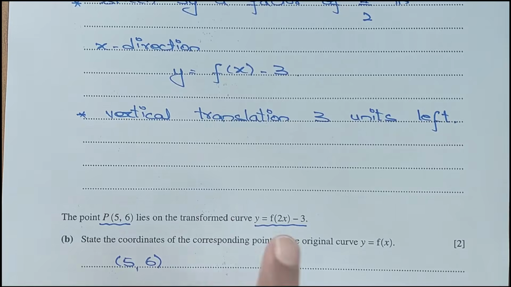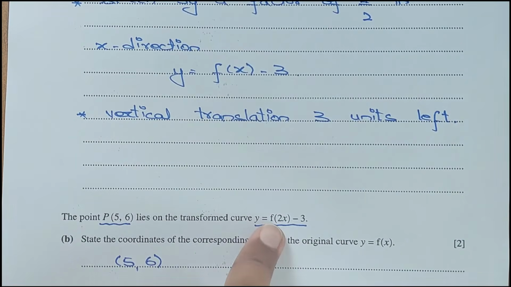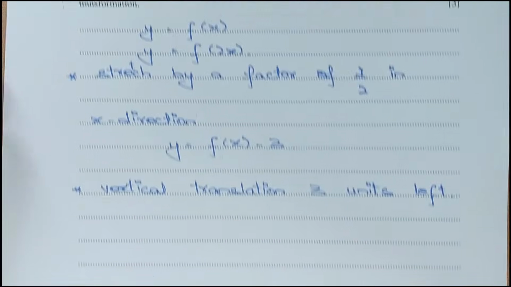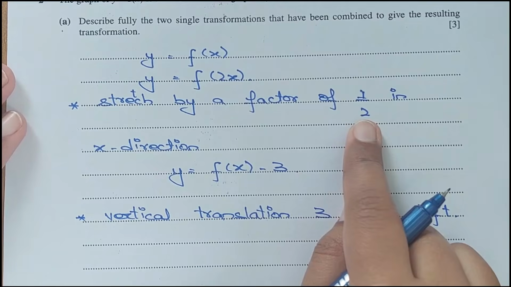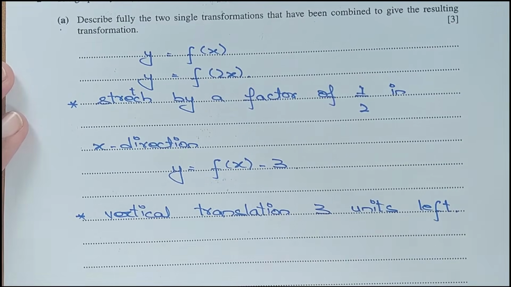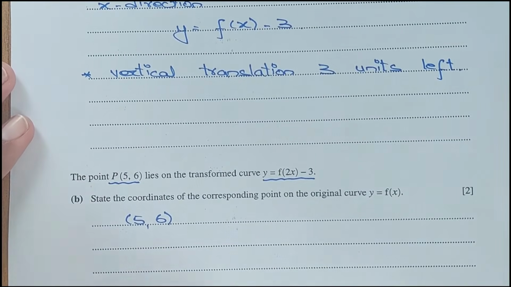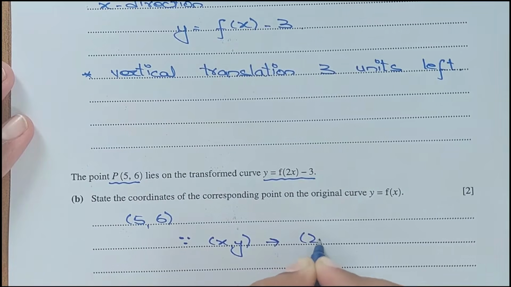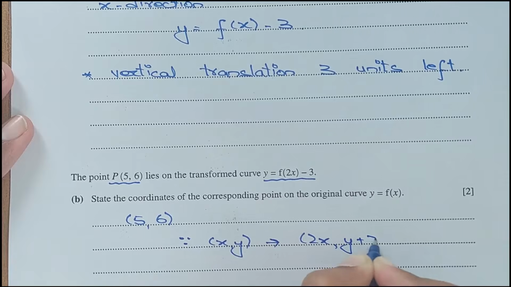We have a stretch in the x direction by a factor of 1 by 2, so we need to multiply the x coordinate by 2. We do the reverse now. In order to undo multiplying by 1 by 2, we multiply by 2, and in order to undo subtracting 3, we add 3 to the y values. So (x, y) changes to (2x, y plus 3).